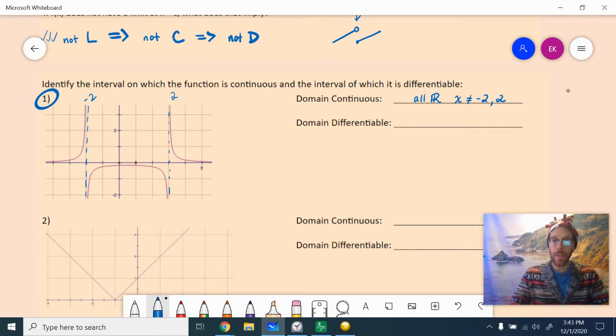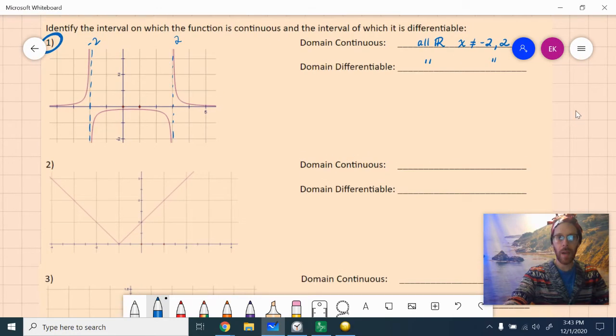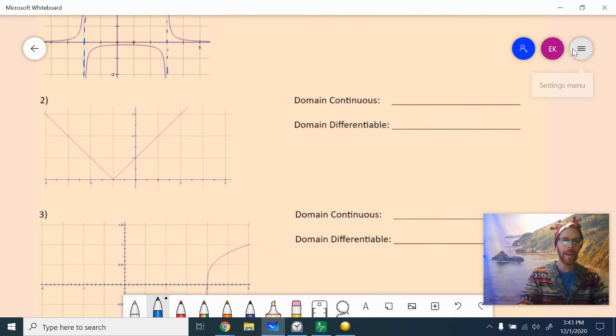All right, well, so we know that the differentiable is going to be the same, except for, are there any places where the derivative wouldn't be defined besides -2 and 2? No, so this one is going to be identical. Kind of a boring example because they're the same. Next one. Right here is an absolute value graph.